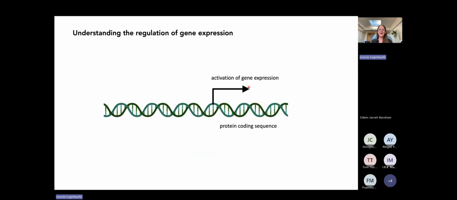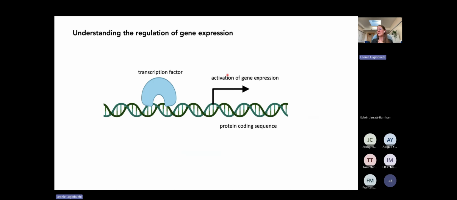And when we talk about gene regulation, often we talk about transcription factors and cis elements. So if we look at DNA and we look at a protein coding sequence here, we can activate the expression of this protein coding sequence. And often the regulation happens a little bit upstream of this protein coding sequence. And this is where transcription factors can bind.